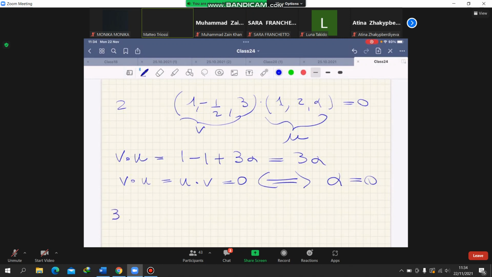The third part is computing the Euclidean norm of V. And this is the square root of 1 plus 1/4 plus 9, which is equal to the square root of 10.25, whatever it is.